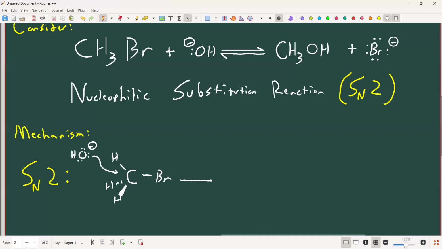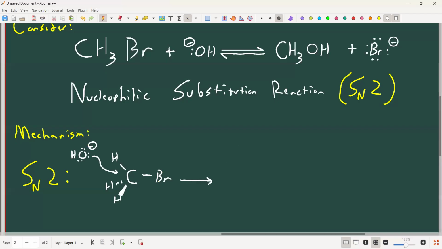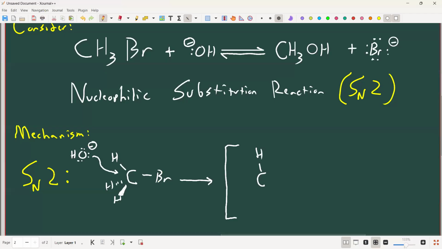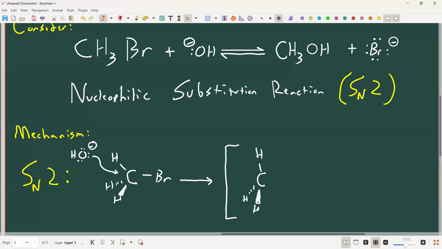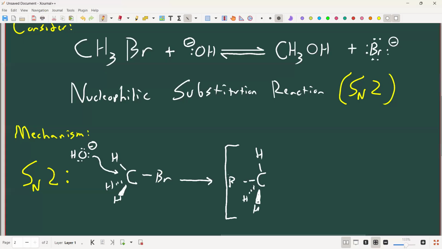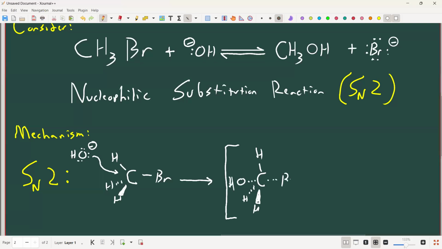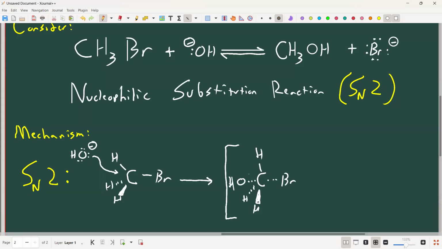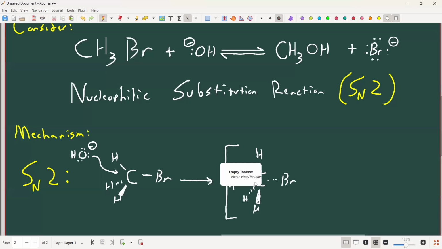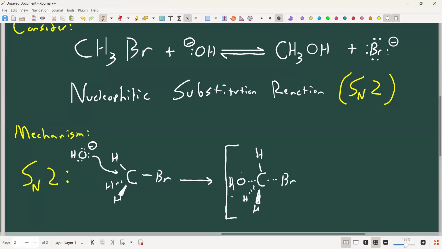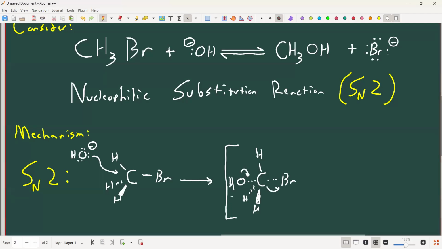And we get some sort of intermediate structure where the C pyramidalizes. Basically, these hydrogens are driven away to a planar form. You have a half bond with the OH, sorry, let me draw that more properly, and a half bond with the bromine. That bromine leaves. So we get, this goes here, and this kicks out.